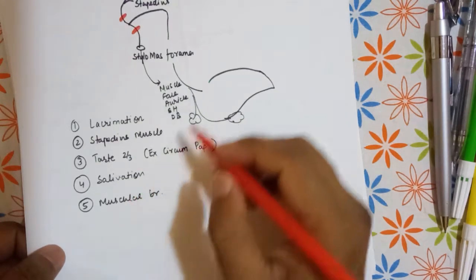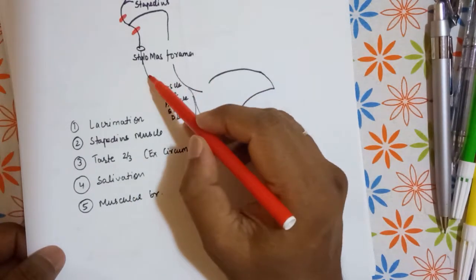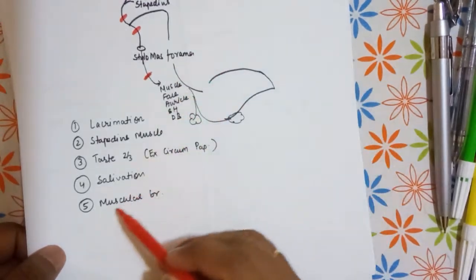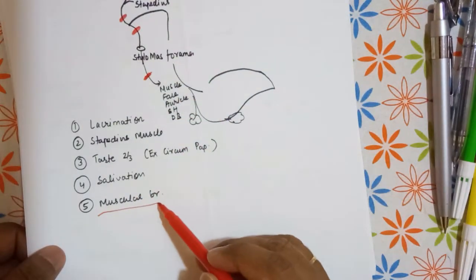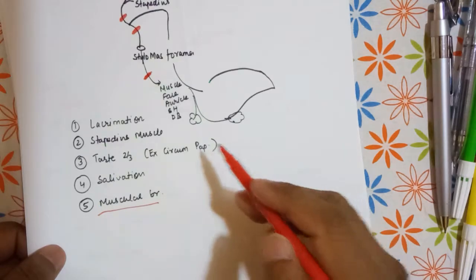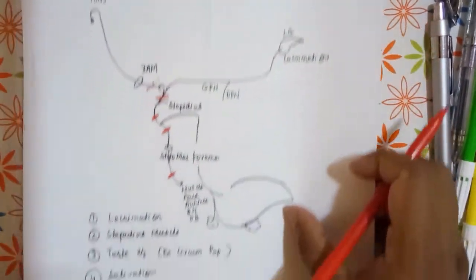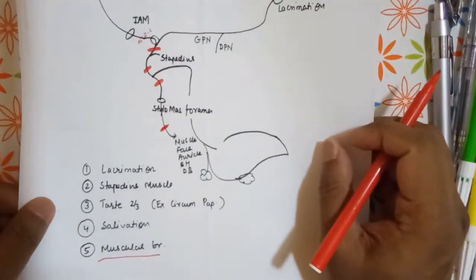And lastly, if I have damage only after the stylomastoid foramen, then I have muscle paralysis of the face. So this is how we can remember the lesions, and the function compromised because of the lesions.